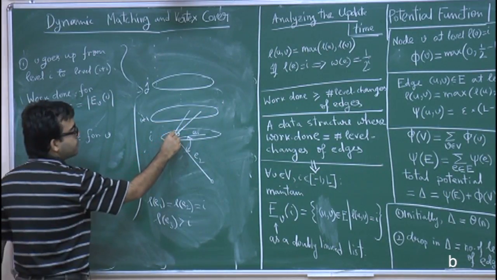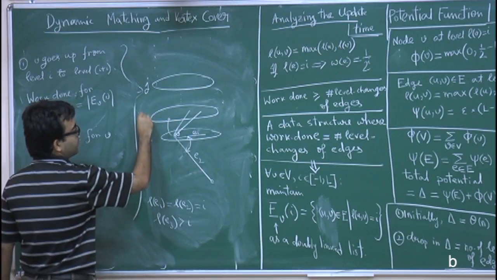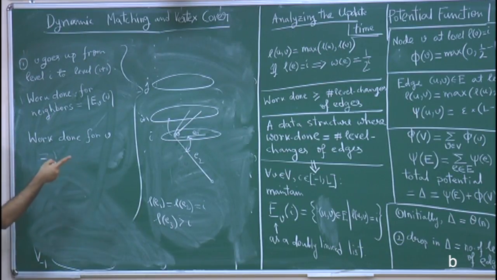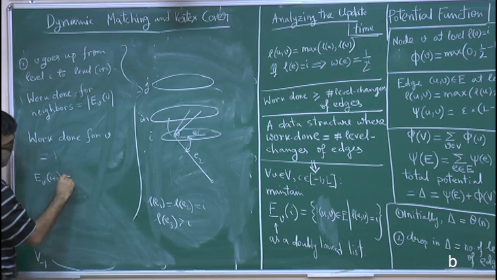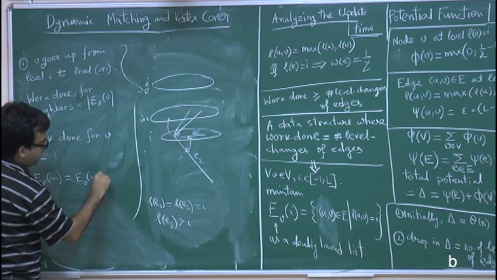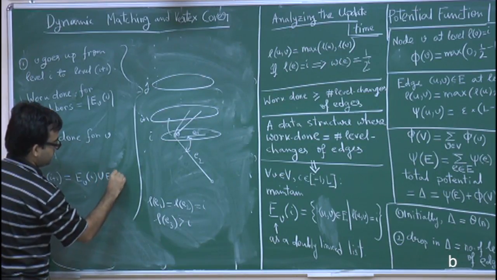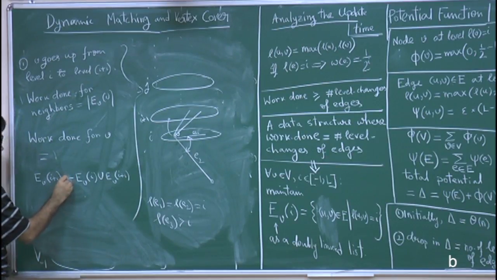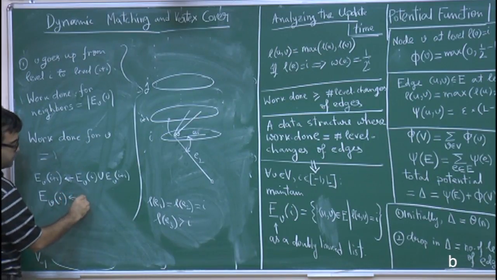So, after V goes up to I plus 1, what will happen to V's neighbors list? First of all, EV of I will become empty. That is one thing. And the second thing is that EV of I plus 1 will become the union of EV of I and EV of I plus 1, and then you set EV of I to be empty.